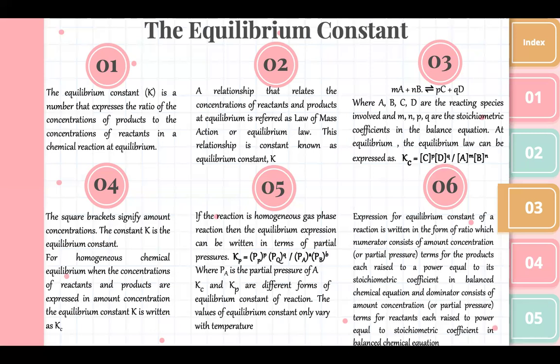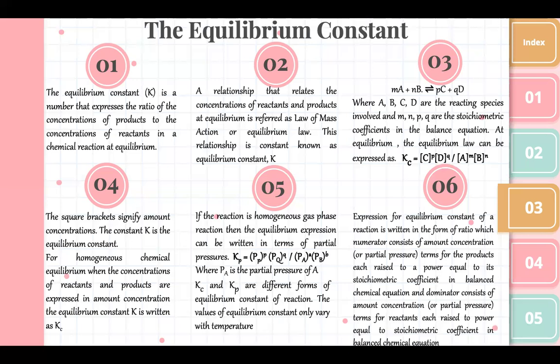For homogeneous chemical equilibrium, when the concentrations of reactants and products are expressed in amount concentration, the equilibrium constant K is written as Kc. But if the reaction is a homogeneous gas phase reaction, then the equilibrium expression can be written in terms of partial pressure.